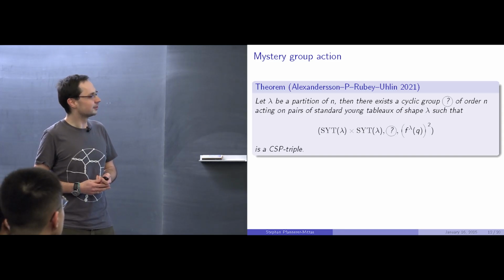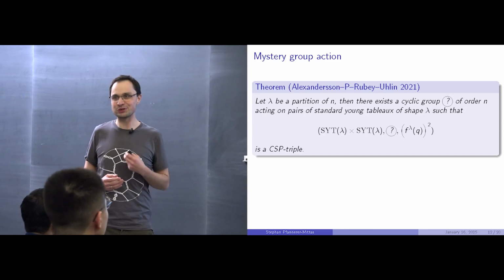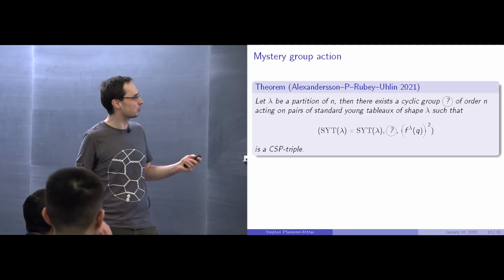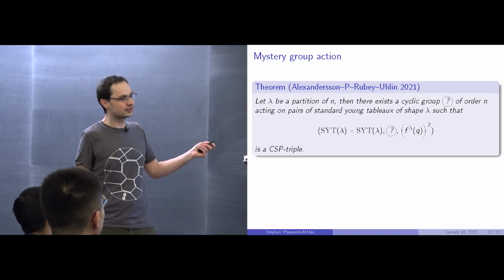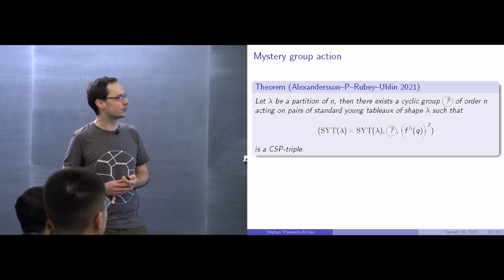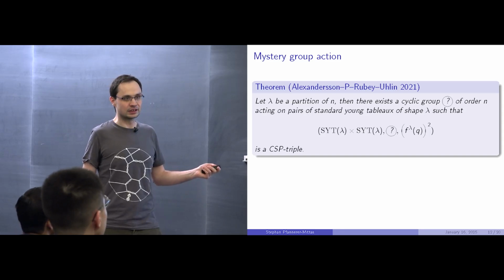And here is the statement, which is what I call the mystery group action, because we don't know what that group action is, but we know that there exists a cyclic group action of order n, where n is the size of the partition, which acts on pairs of standard Young tableau of shape lambda, such that we get an instance of the cyclic sieving phenomenon.